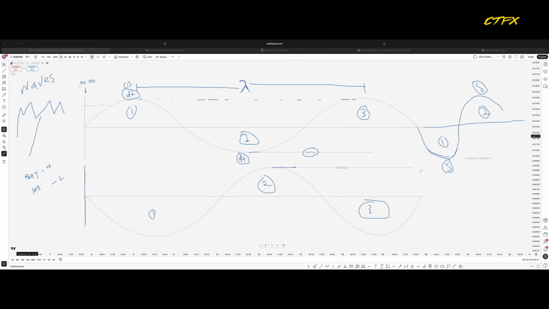And also another thing that it debunks is where liquidities are. They used to say buy side liquidity at highs, sell side liquidity at lows. When you take this a little bit further into liquidity, you start to realize that sell side liquidity can be at highs.